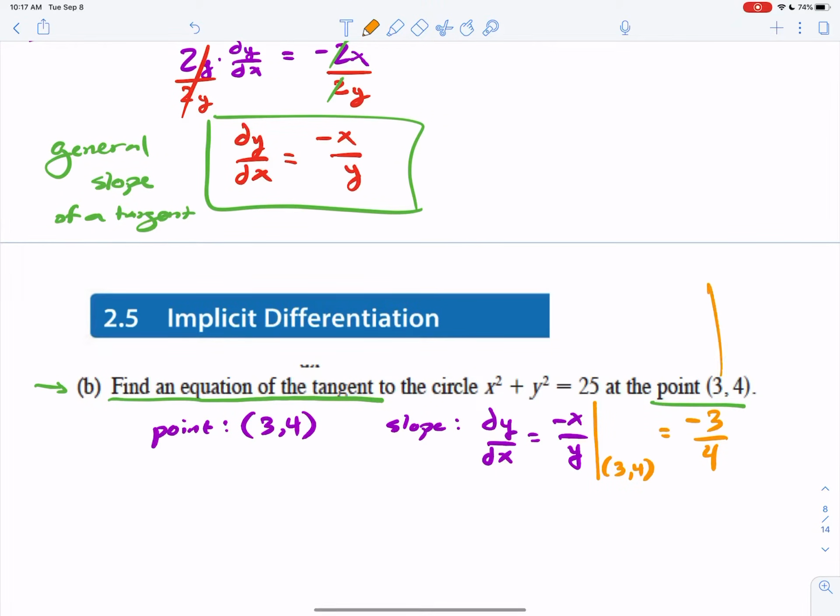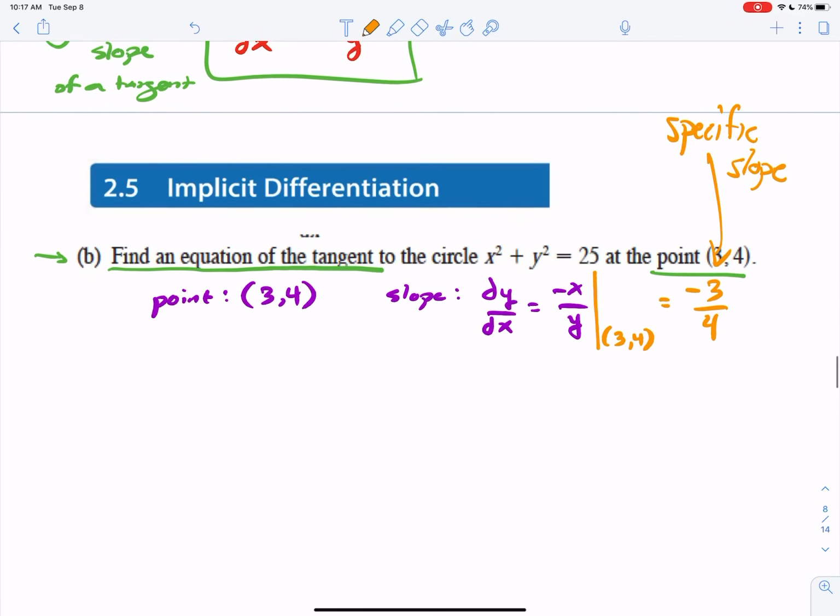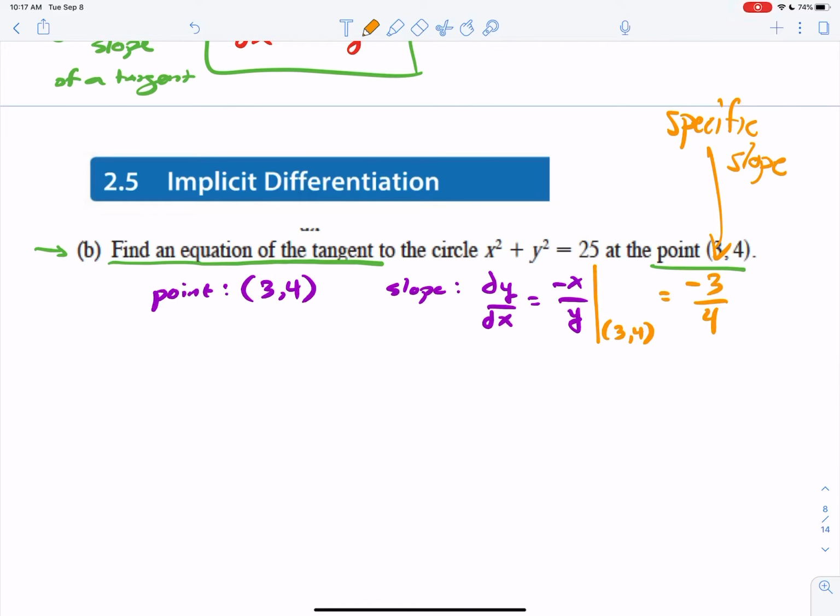That is your specific slope. So exactly at 3, 4, your slope is negative 3/4. Do we have everything we need? We have a point. We have a slope. Yep.